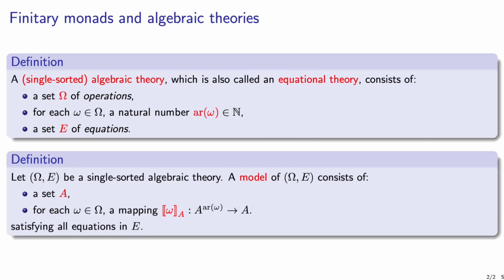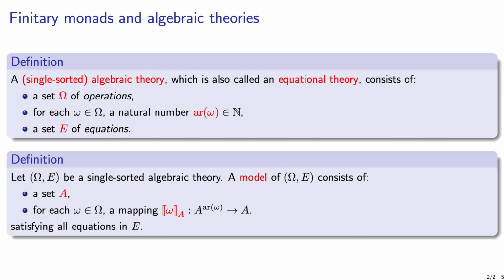A single-sorted algebraic theory is a set of operations Ω and a set E of equations. Note that each operation ω is assigned a natural number called its arity. Arity represents the number of inputs of each operator.